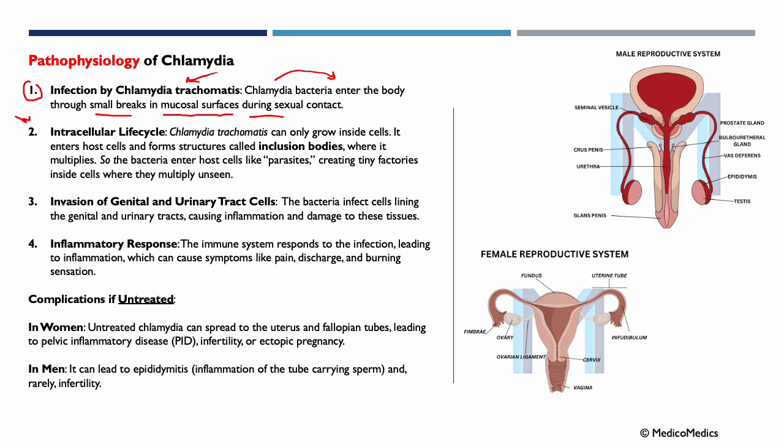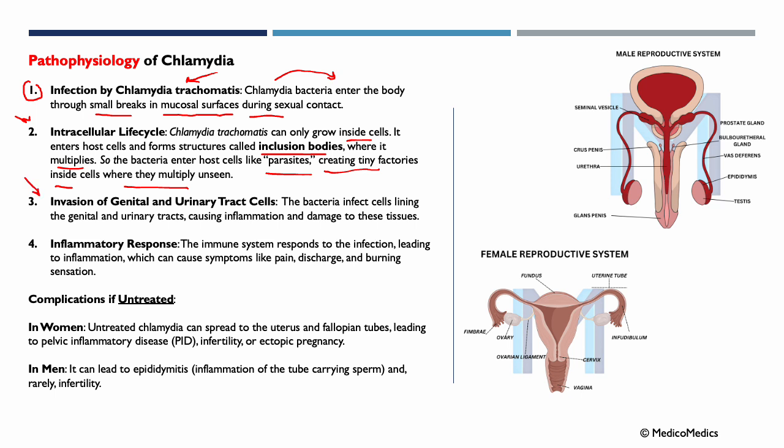Chlamydia trachomatis can only grow inside cells. So it enters host cells and forms structures called inclusion bodies, and this is where it then multiplies. The bacteria enter host cells like parasites, creating tiny factories inside of cells where they multiply unseen.